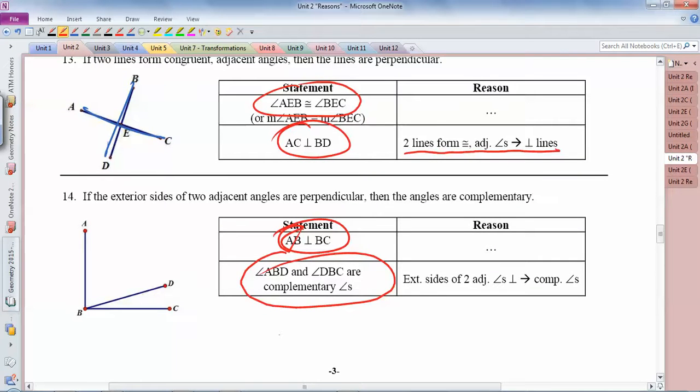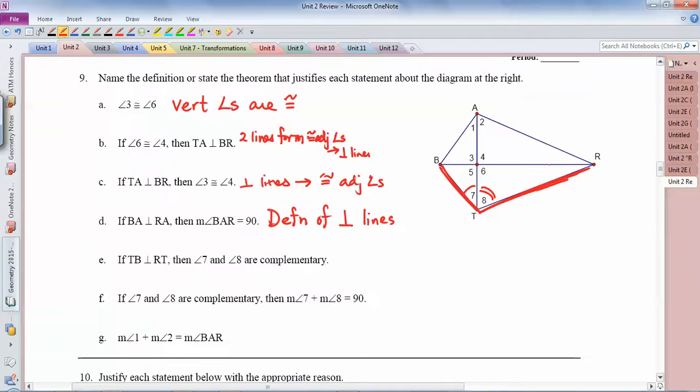That's what we want. If the exterior sides are perpendicular of 2 adjacent angles, then the angles inside are going to be complements. If you look at the picture, that's exactly what we have. If the exterior sides of 2 adjacent angles are perpendicular, then you get complementary angles.